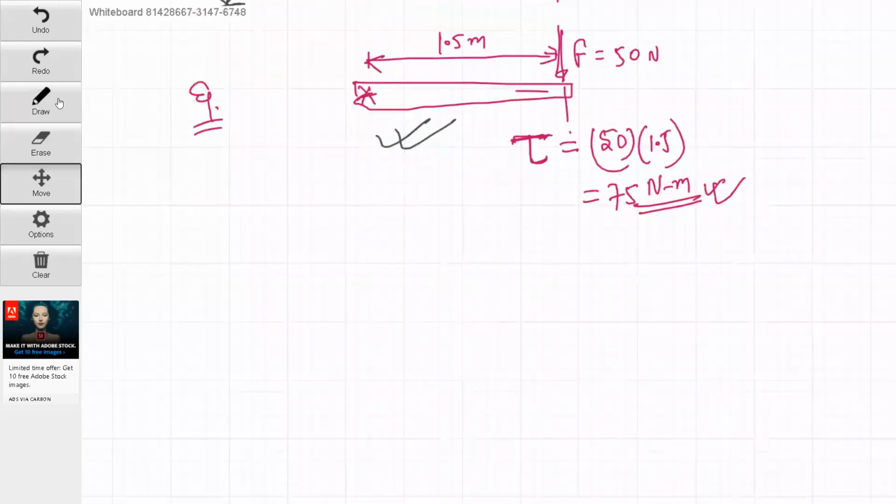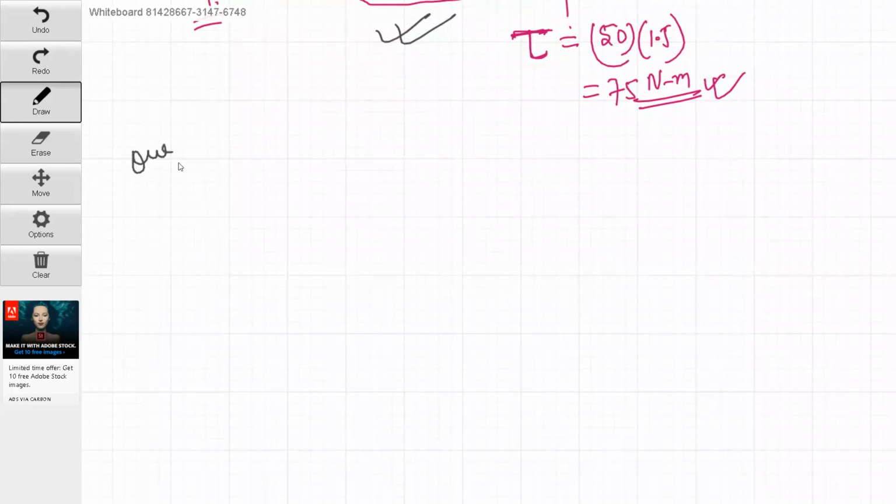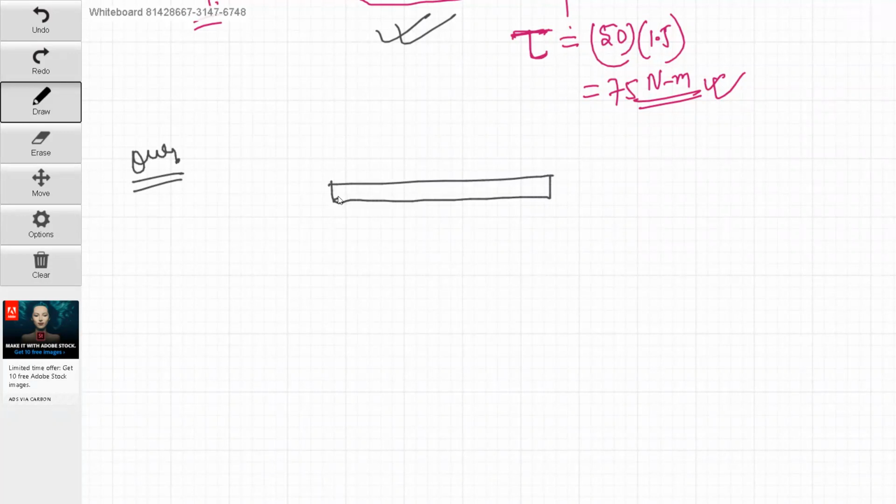Now, suppose this is the rod and this is hinged at this point. The length of the rod is L or L naught.